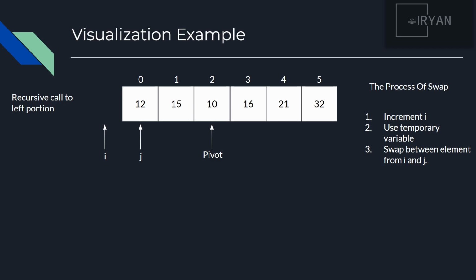Okay, I will be -1. We check the conditions. 12 is greater than 10. We will do nothing. J gets incremented. Still, no swap is necessary. Here, the elements at pivot and J are the same. We will perform a swap.